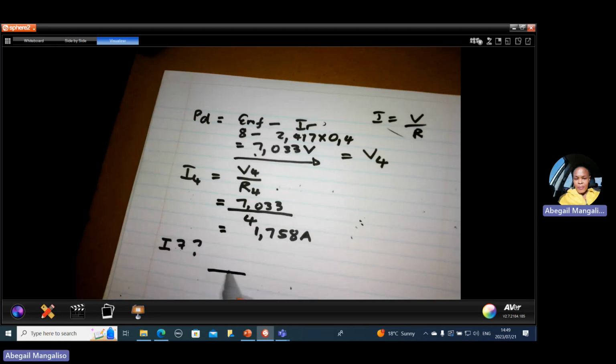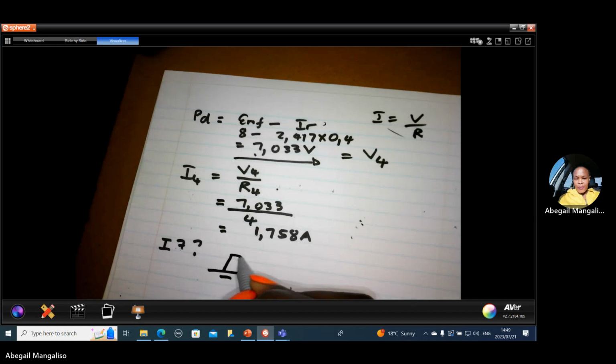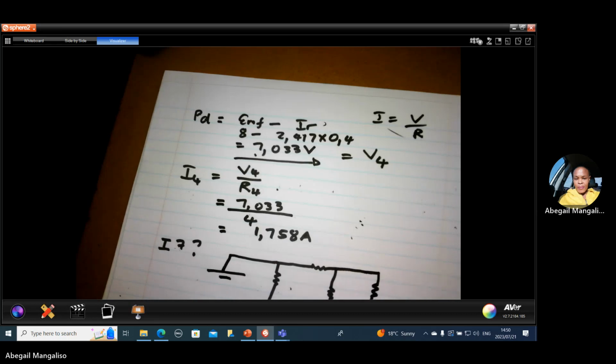Because you have a battery, the circuit is like this. These are 14 ohms.